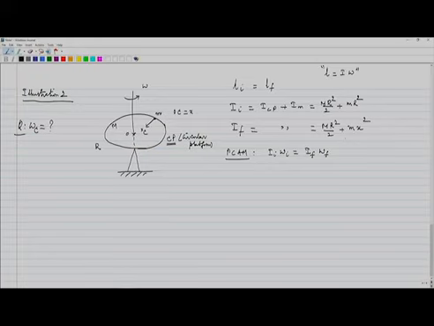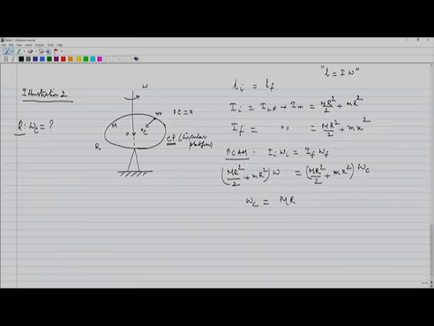M r squared by 2 plus m r squared, into omega, is equal to M r squared by 2 plus m x squared, times omega at c. Omega at c means the angular velocity of the entire system when the mass is at c.